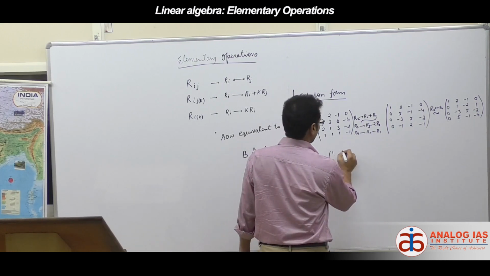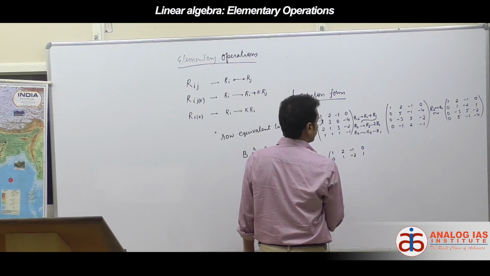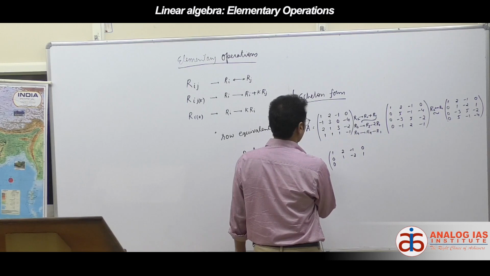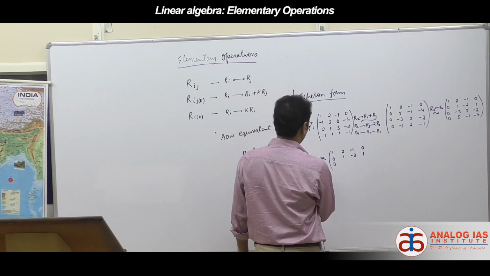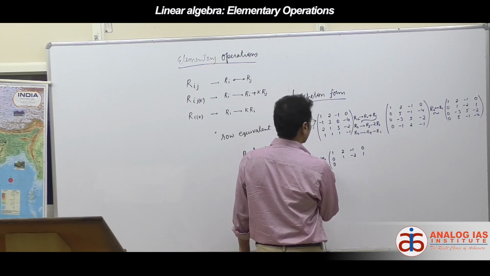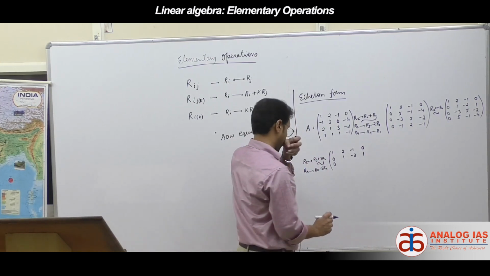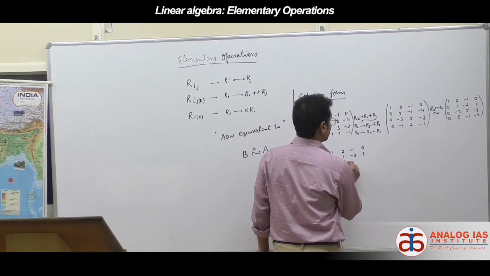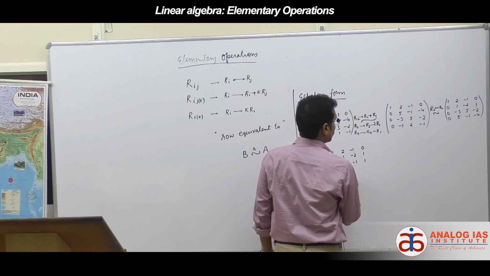Row operations again: R3 is R3 plus 3 times R2, and R4 is R4 minus 5 times R2. So 3 times 0, 3 times minus 1, 3 times 1.